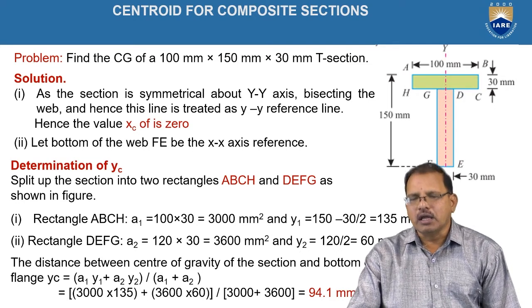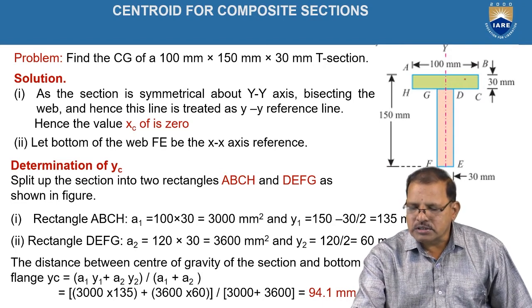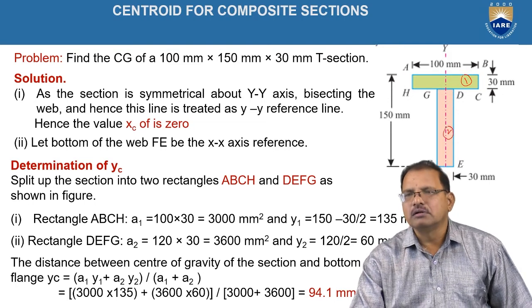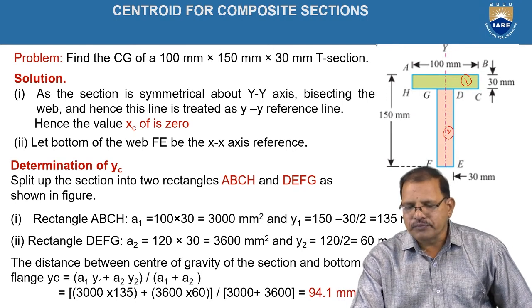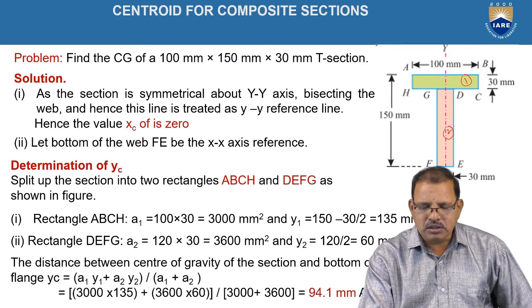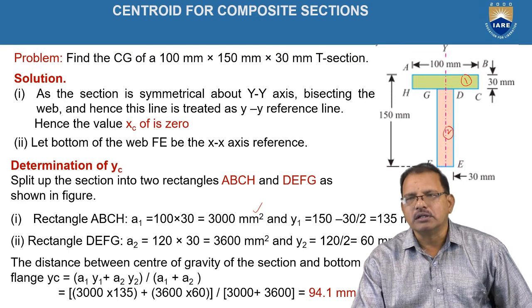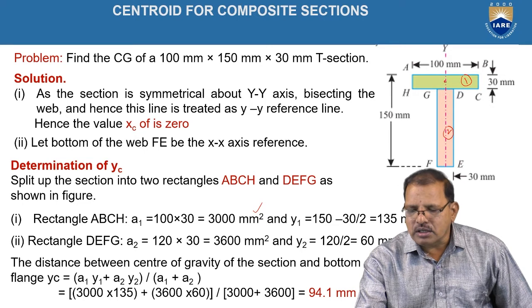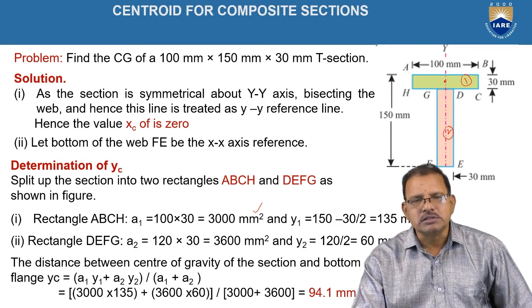Here, the upper part is treated as the first element, represented as 1, and the lower one is the second. For A1, the area is equal to 100 by 30, which is equal to 3000 mm square. Similarly, Y1 represents the centroid of the figure AB, HC.